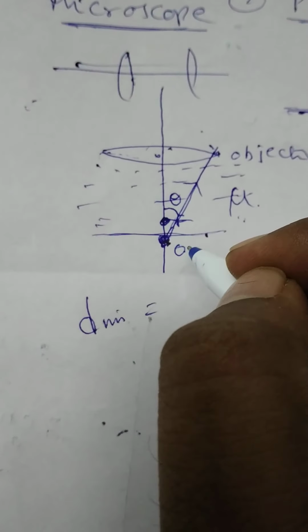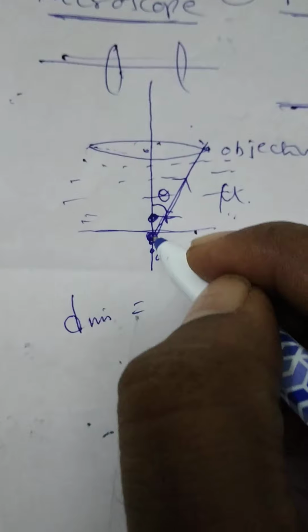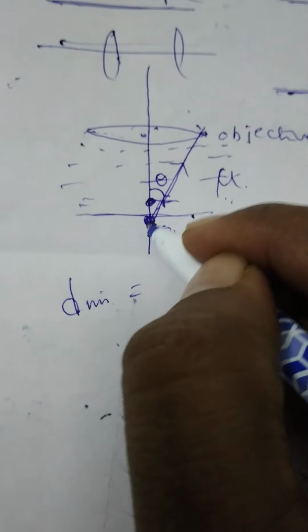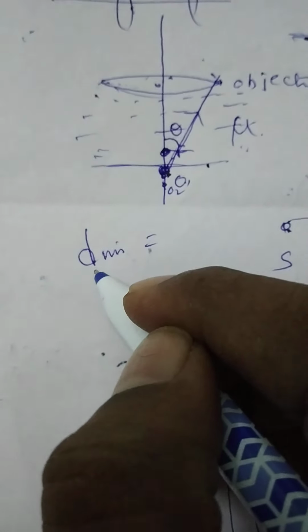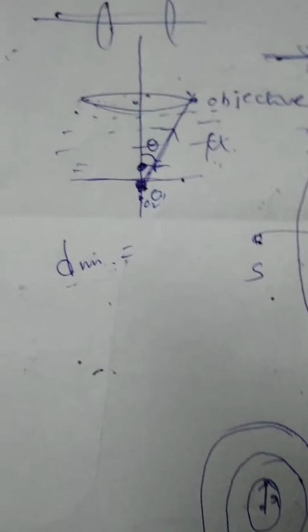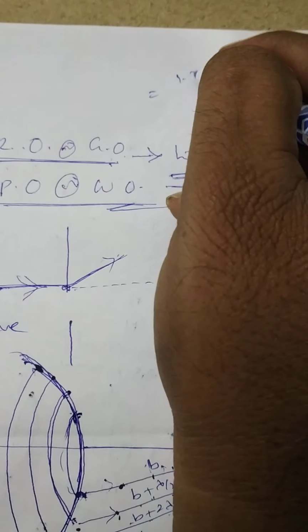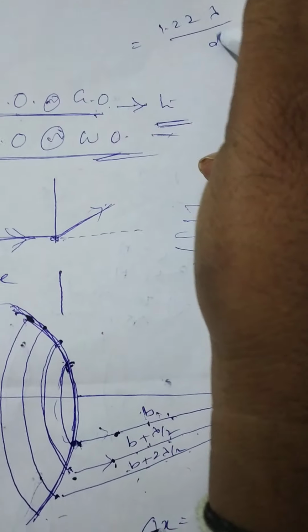Here O1 is the first object and O2 is the second object. The linear distance between these two objects which can be seen clearly by the instrument is called the limit of resolution. What is the formula for the limit of resolution in the case of a telescope? It is 1.22 lambda by D.